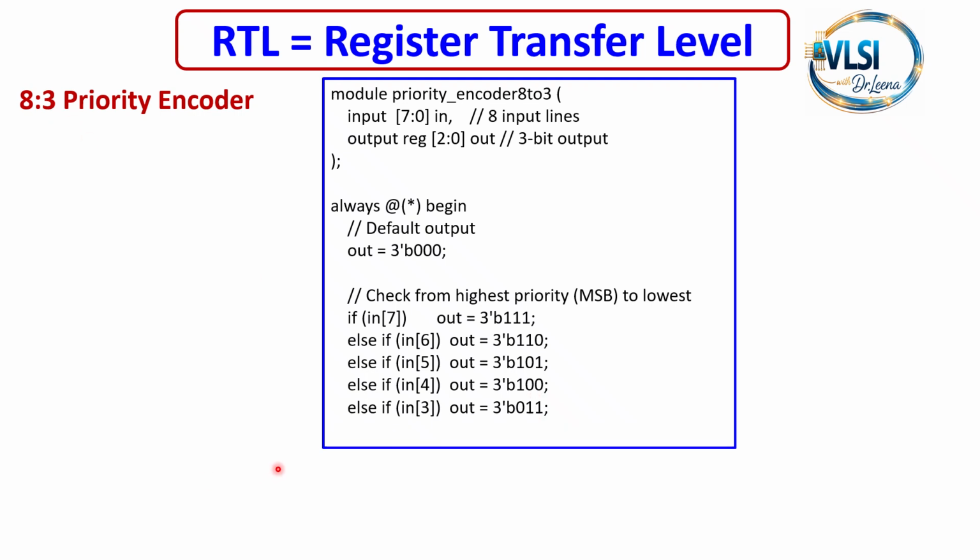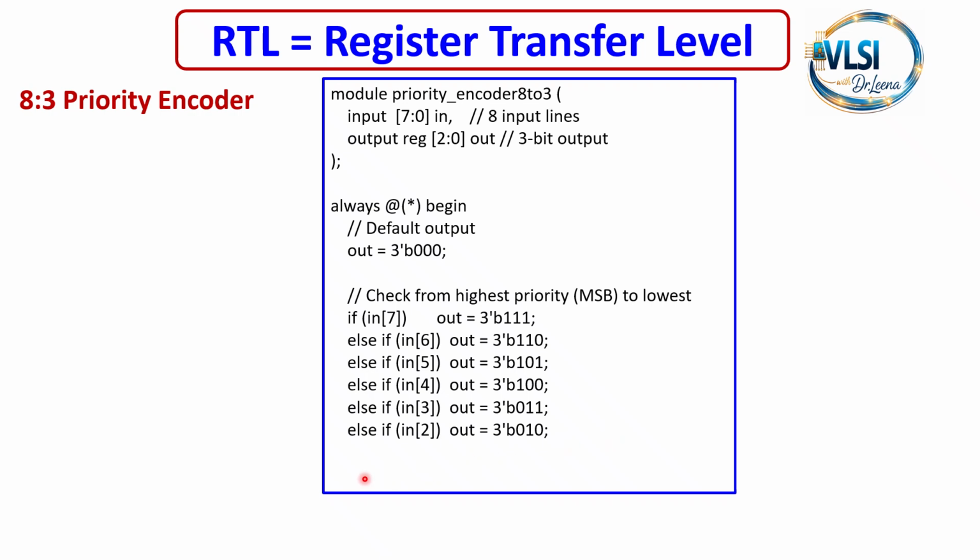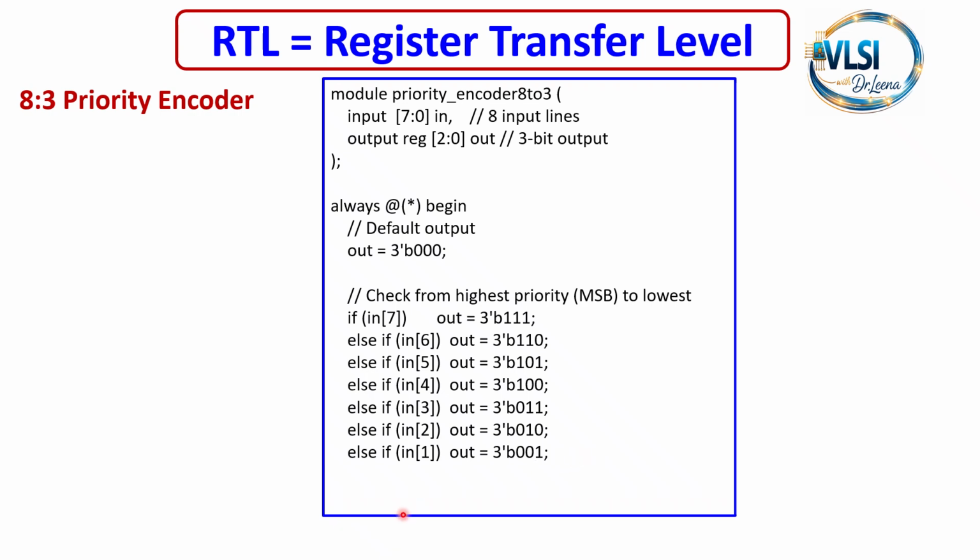And if IN3 is the highest active, then the output is 011, the binary of 3. And if IN2 is the highest active, then the output is 010, binary of 2. And if IN1 is the highest active, the output is 001, that is the binary of 1.